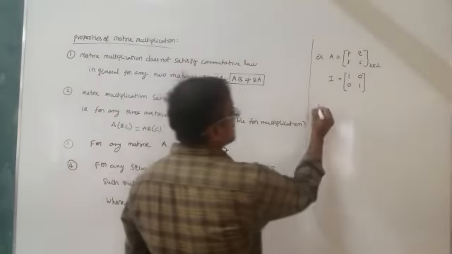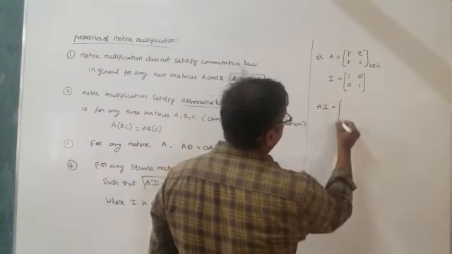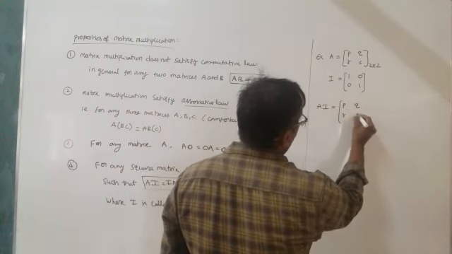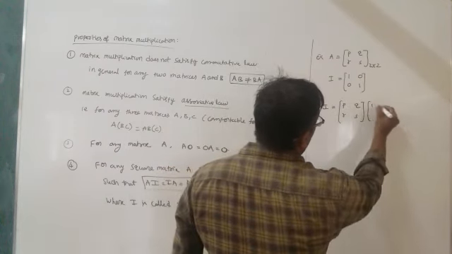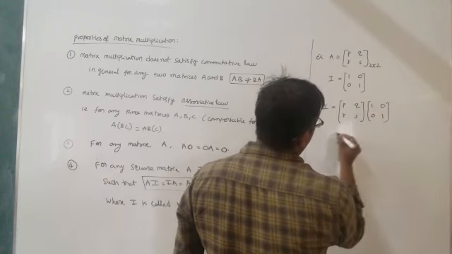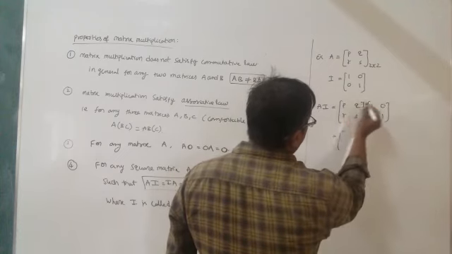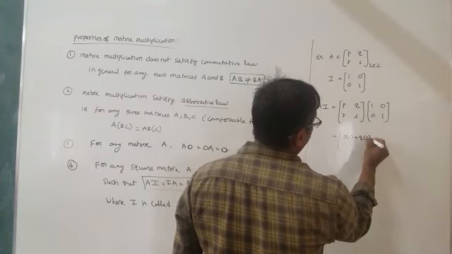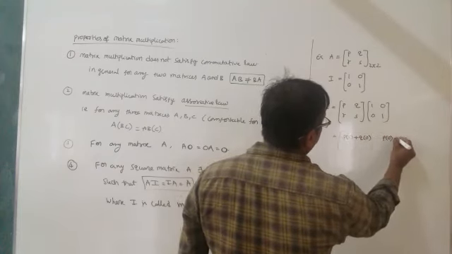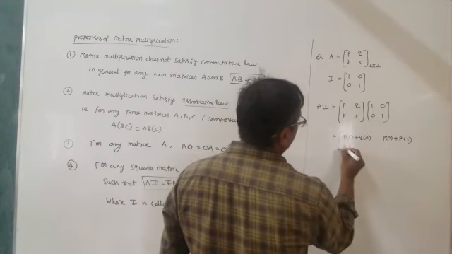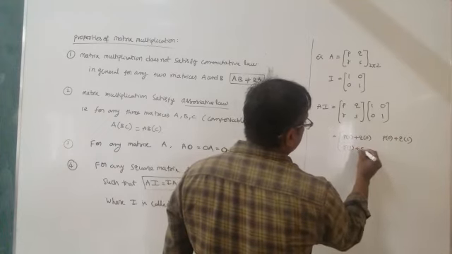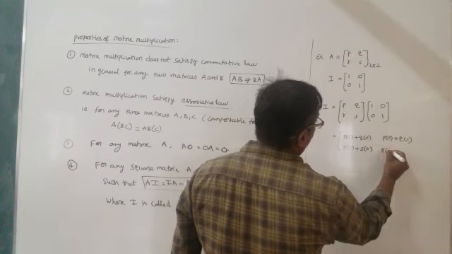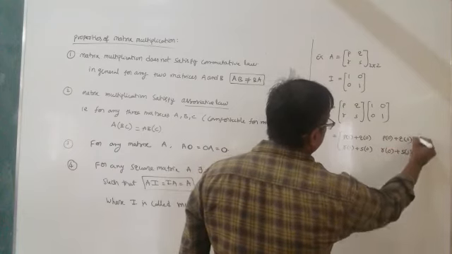Now let us consider AI. So it will be P Q R S into 1 0 0 1. So you will get first row into first column, P into 1 plus Q into 0, P into 0 plus Q into 1, R into 1 plus S into 0, R into 0 plus S into 1.